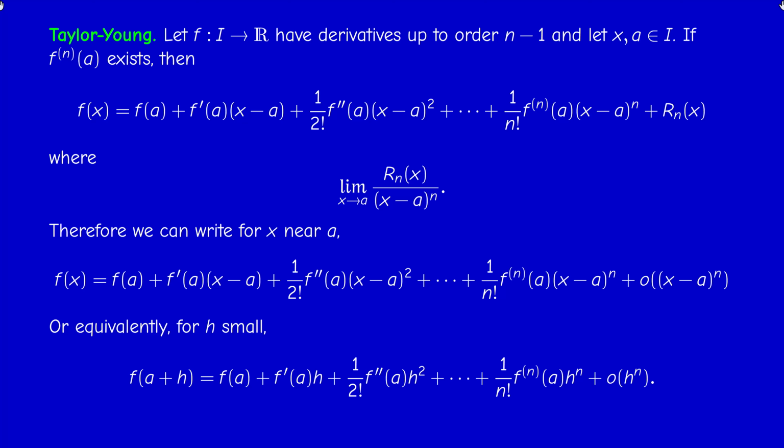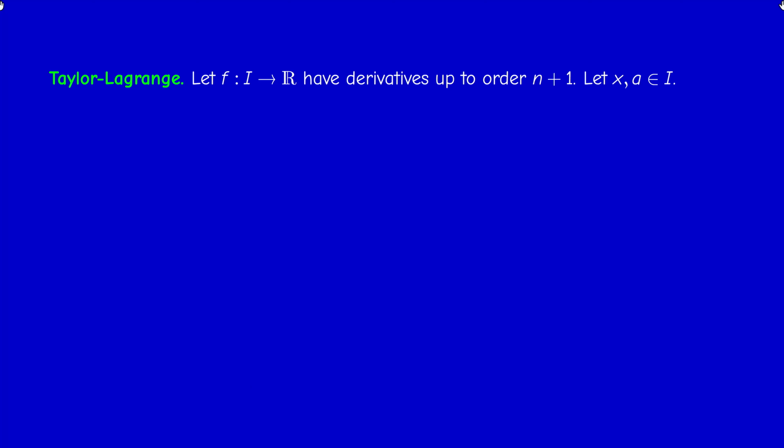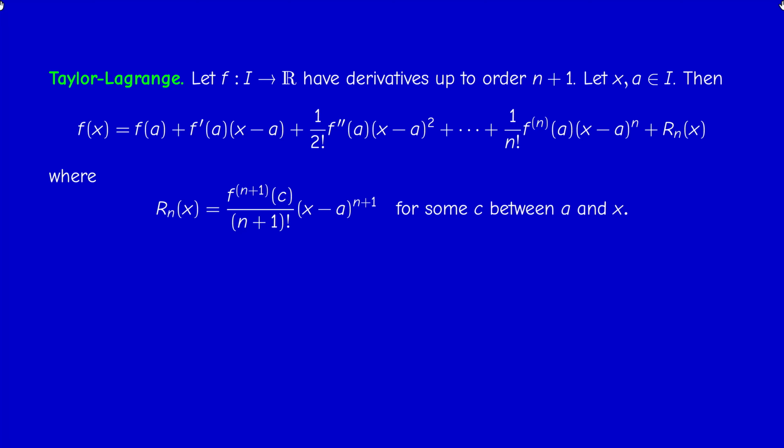Now, the second form, Taylor-Lagrange. The assumptions on f are a little bit stronger. We assume that f is n plus 1 times differentiable. So we put a slightly stronger assumption. Then in this case, we can write f as a polynomial in x minus a plus a remainder.